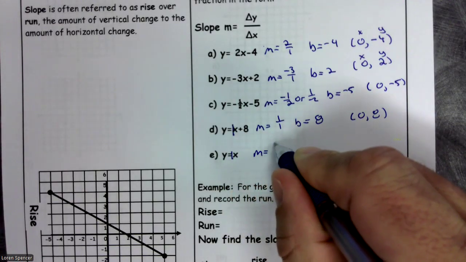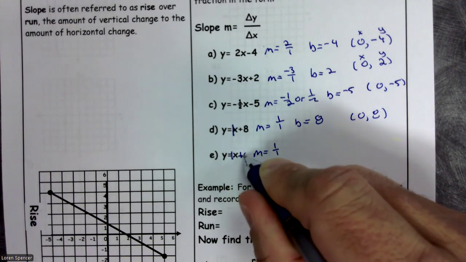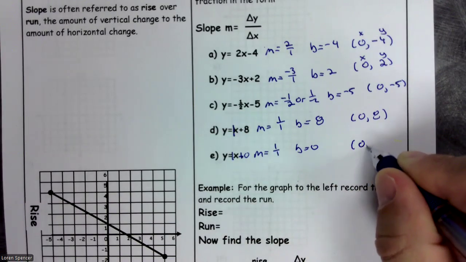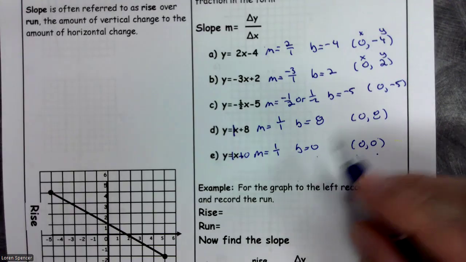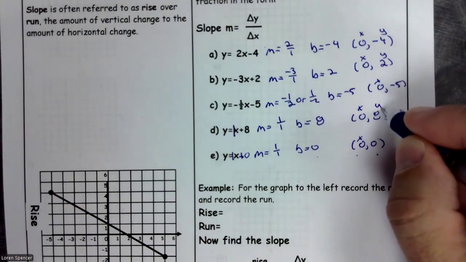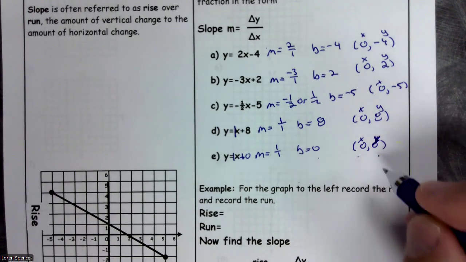So m equals 1 over 1. I don't have a b because essentially I'm adding 0. So b equals 0. So this goes through the ordered pair 0, 0, because our x is always 0 for our y-intercept. And then the y is whatever the y value is. That should be a y, not an x.